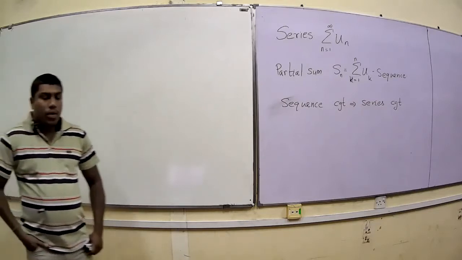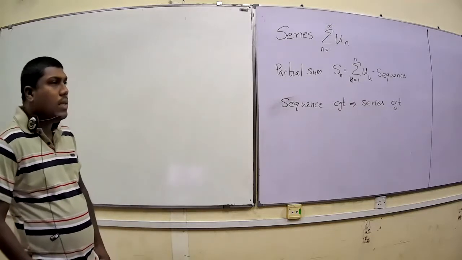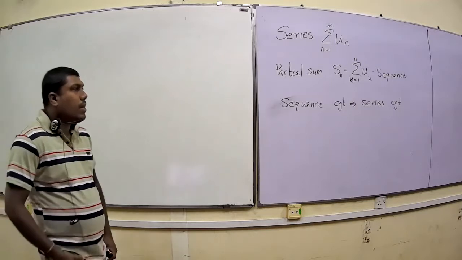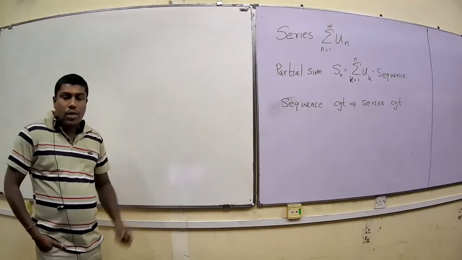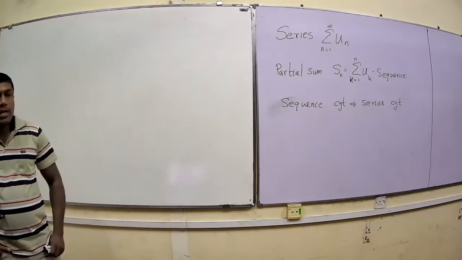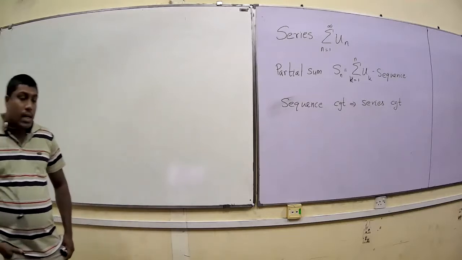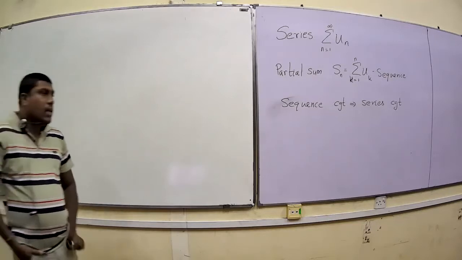For a fixed n, you sum up all the terms in the series up to that n-th term, and that creates a sequence S1, S2, S3. So S1 is the first term, S2 is the sum of the first and second terms, S3 is the sum of the first, second, and third terms, and so on. In that way, you can generate a sequence.